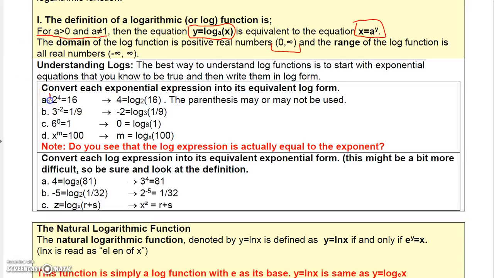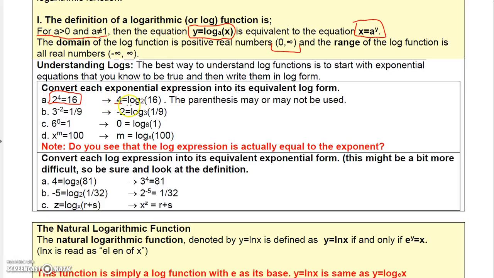So we know that 2 to the 4th power is equal to 16. Well, this power 4 is what the log actually equals. So you write the power, or the exponent, as what the log equals.